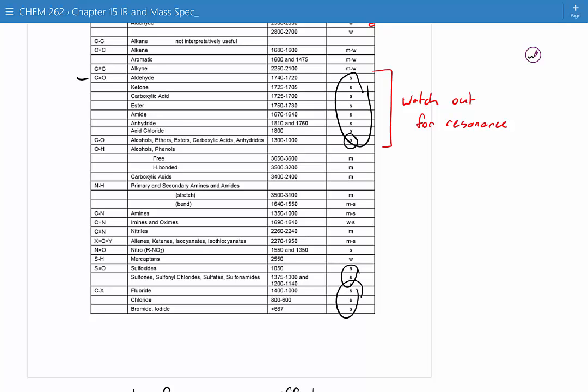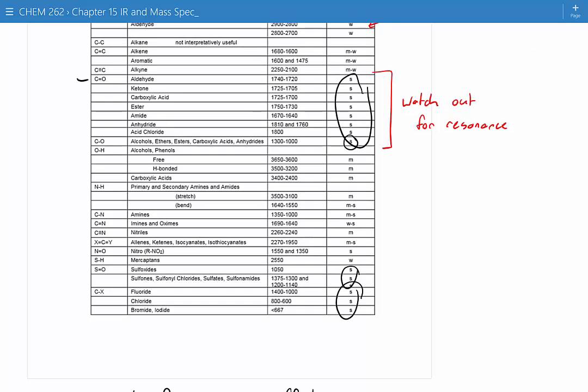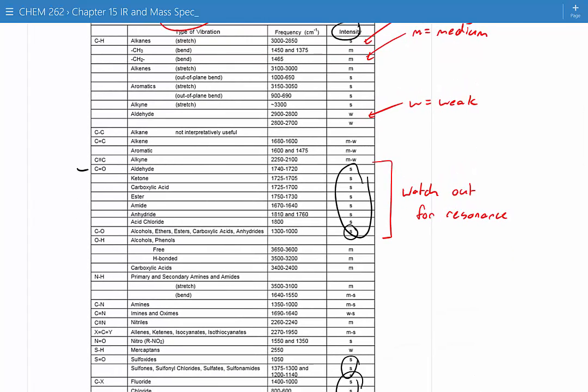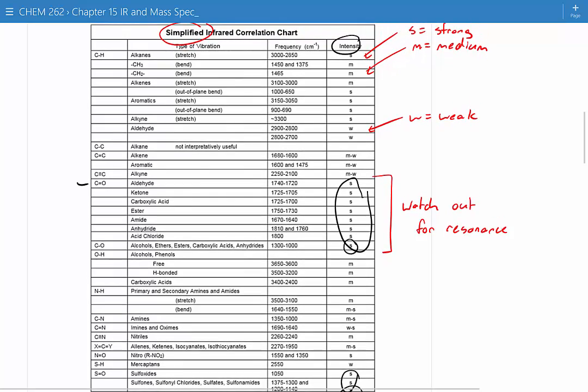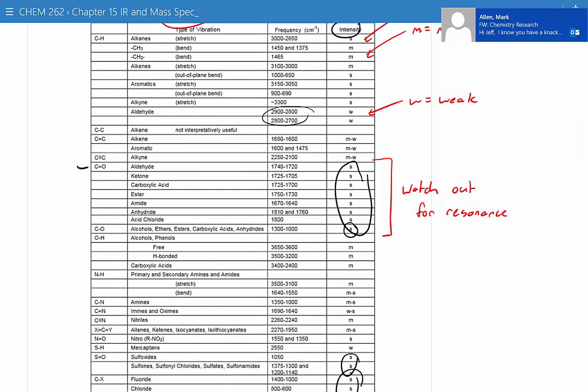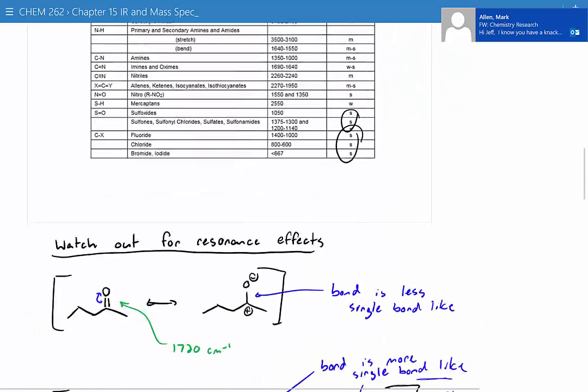They act like little antennas and they absorb IR light really well. If we look at some of them where they're not that polar, maybe something like one of these weak aldehyde bonds, there's not a lot of polarity difference between carbon and hydrogen. So these typically show up medium or weak, depending on the type of frequency that we're observing.